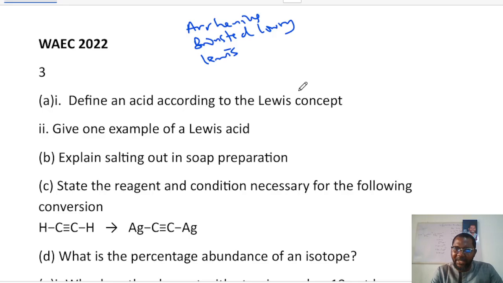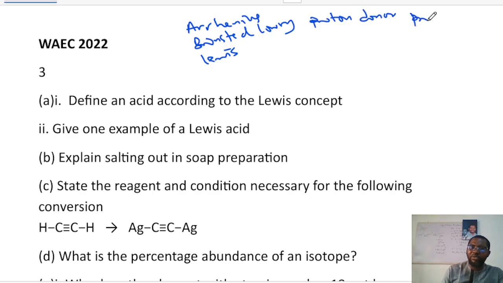That's for Arrhenius. Now for Bronsted-Lowry, Bronsted-Lowry defines an acid as a proton donor, and it defines a base as a proton acceptor.